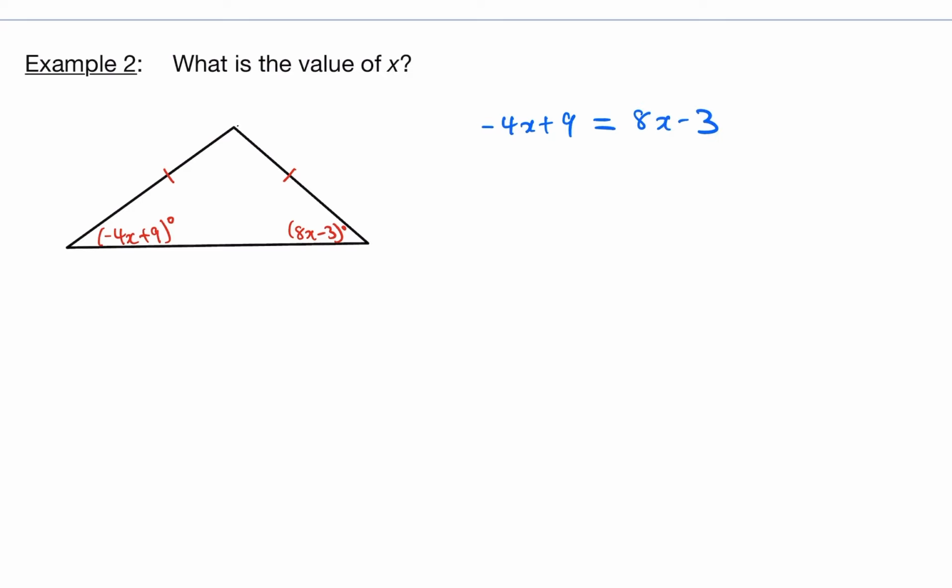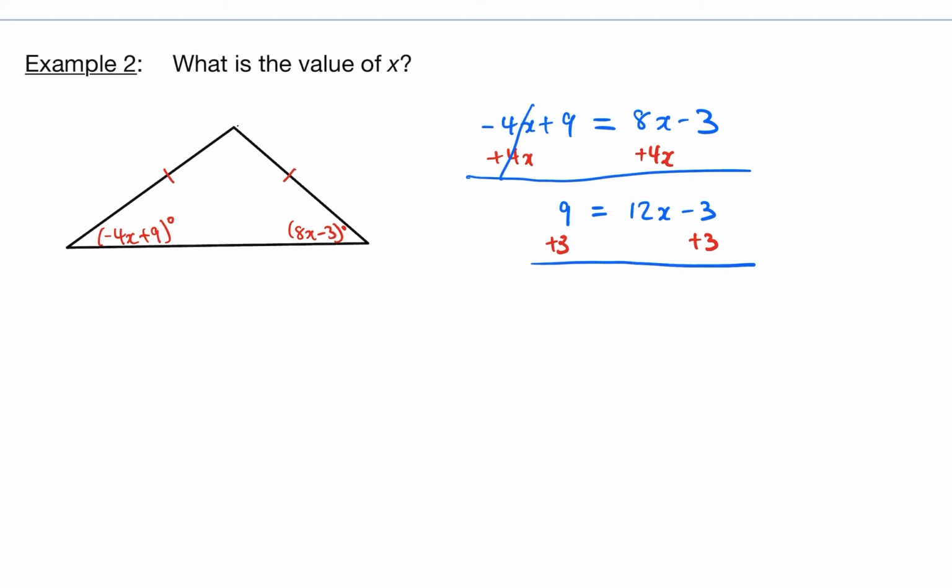Now we can solve for x. To do so, we're going to add 4x to both sides. When we do, these cancel out, and we're left with 9 is equal to 12x minus 3. Then we're going to add 3 to both sides, and we're left with 12 is equal to 12x.